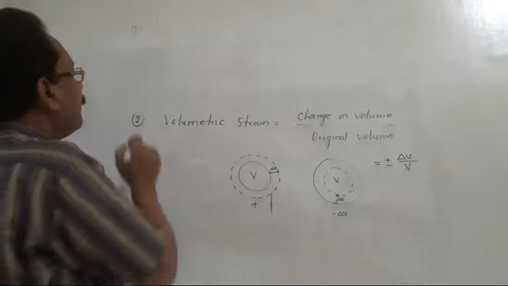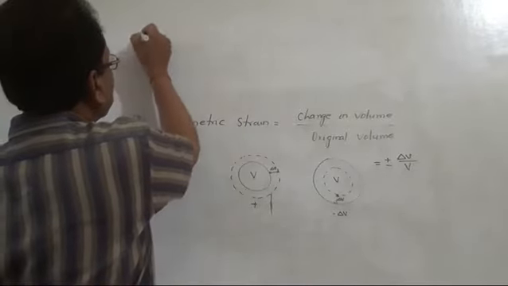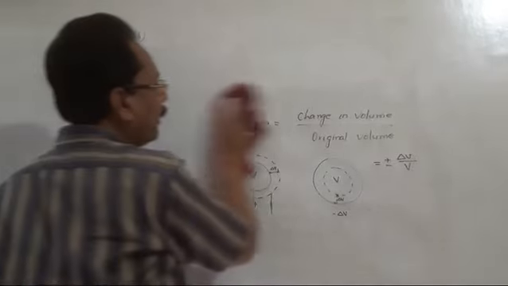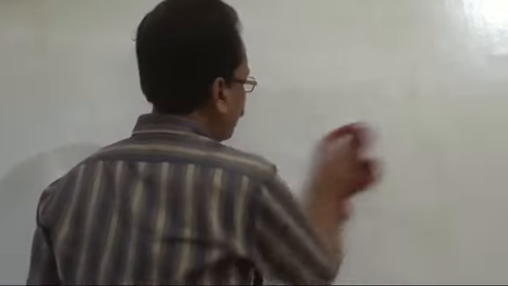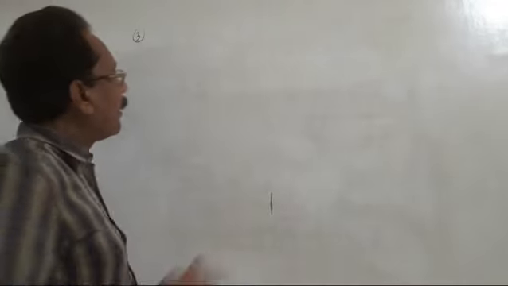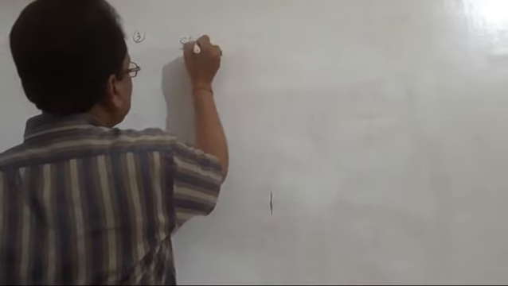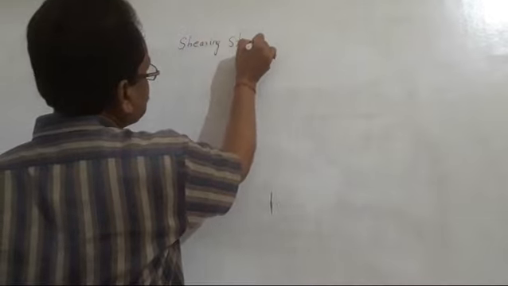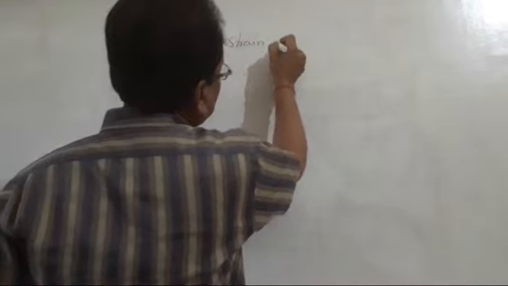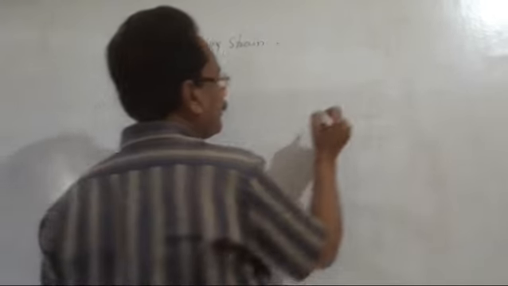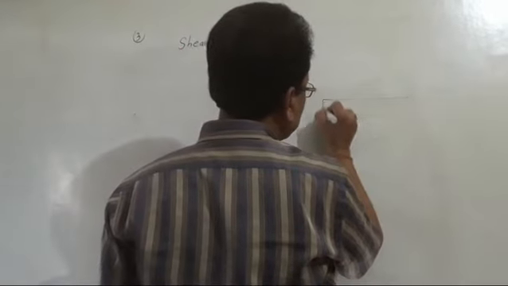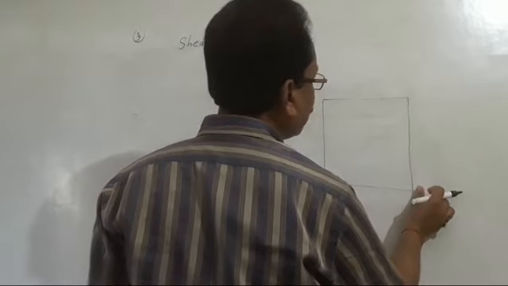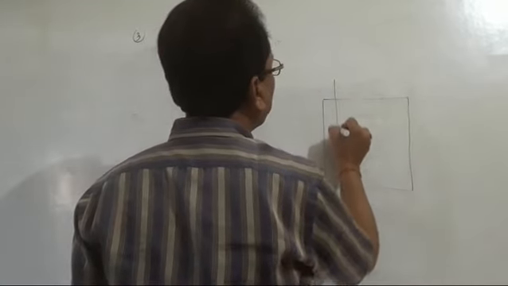Okay. And finally, the third one, that is called tangential strain or shearing strain. So what is shearing strain? Just imagine there is a cubical body.